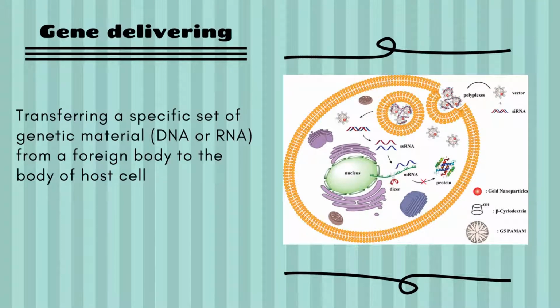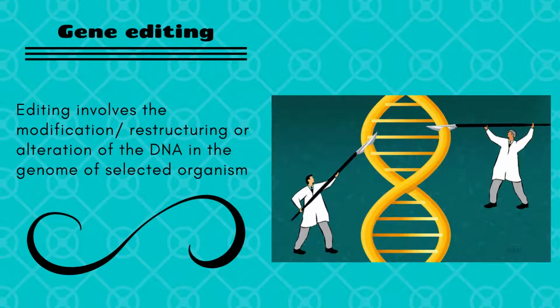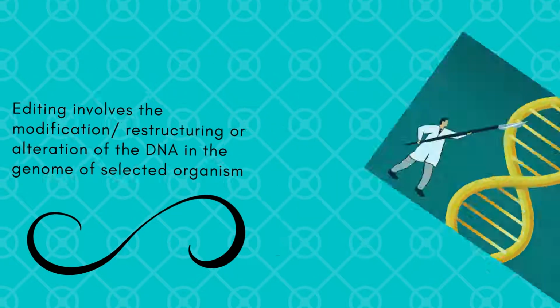Gene delivery process is achieved by transferring a specific set of genetic material, DNA or RNA, from a foreign body to the body of the host cell in order to achieve the required gene expression. Gene editing. Gene editing involves the modification, restructuring, or alteration of the DNA in the genome of a selected organism. It is done in order to achieve changes in the physical traits of the living organism.